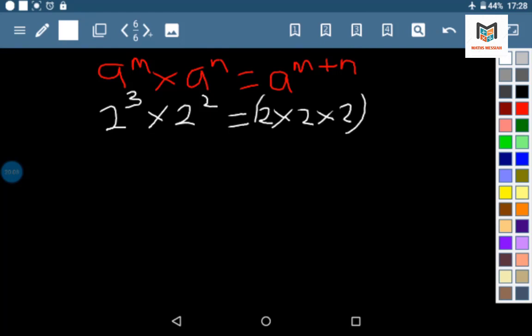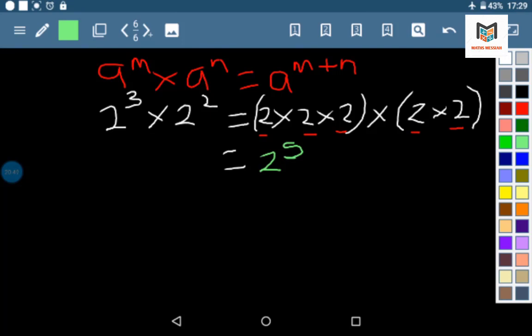So we have this all multiplied by, then the 2 raised to the power 2 will give us 2 by 2. So this means that we have 2's multiplying themselves. So how many 2's do we have here? Let us count. 1, 2, 3, 4, 5. So in this way we can say that 2 is raised to the power 5.